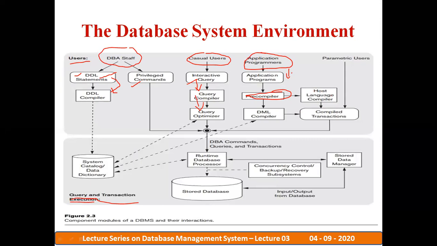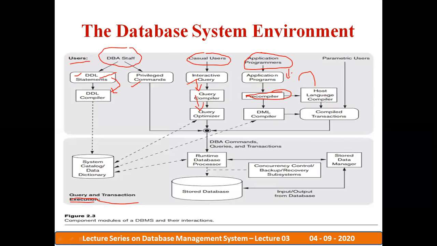Host language compiler means you may have written the ticket reservation system using Java, or C, or Python. Depending on the language you have written it in, that application program will be sent to the host language compiler. The host language can be Java, Python, C, C++, or PHP.